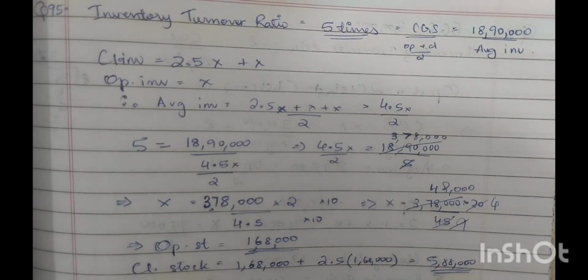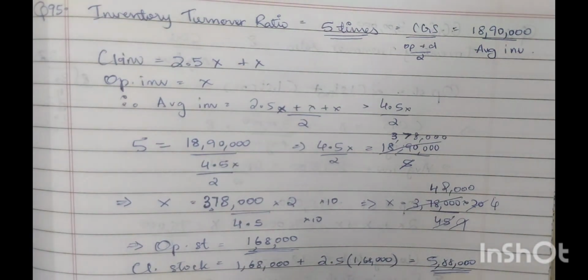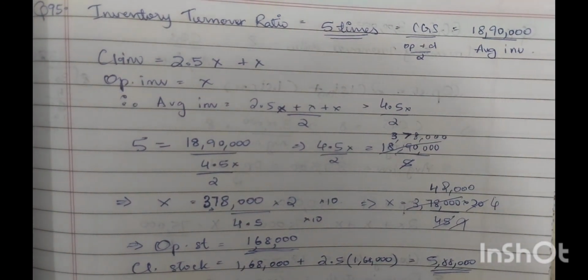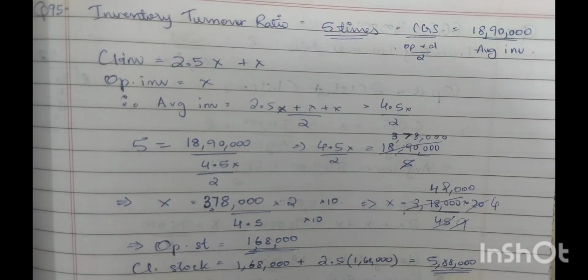Right, so here I'd like to mention another point. The questions can be worded really differently, but it might seem similar at the same time. The first case that we did was in the previous question, where closing inventory is given to be more by a certain amount than the opening inventory, or where opening inventory is more by a certain amount than the closing inventory.